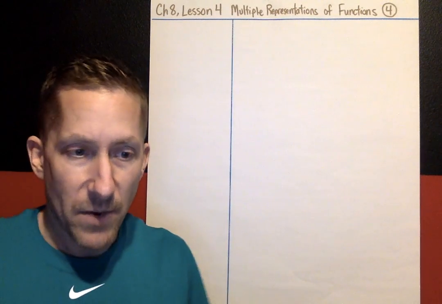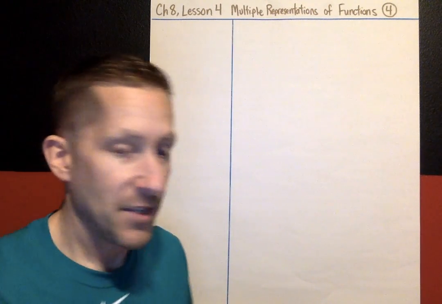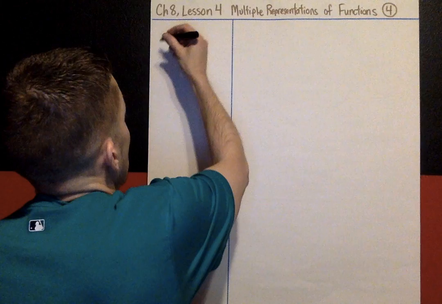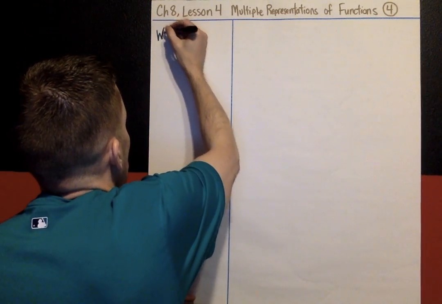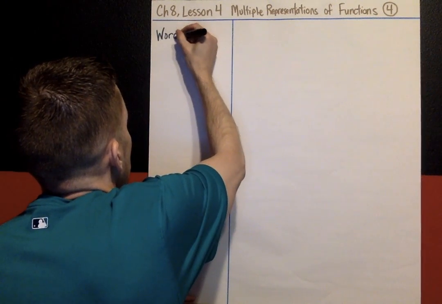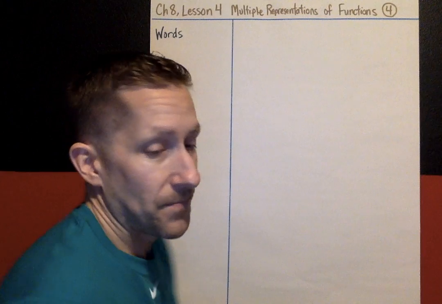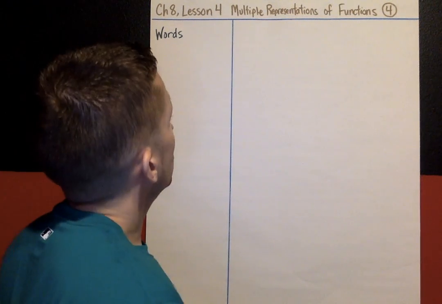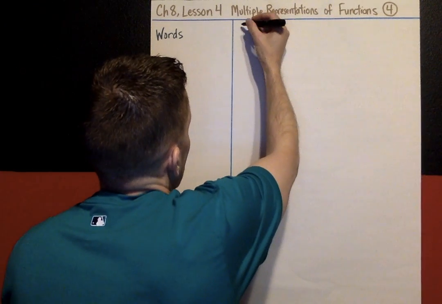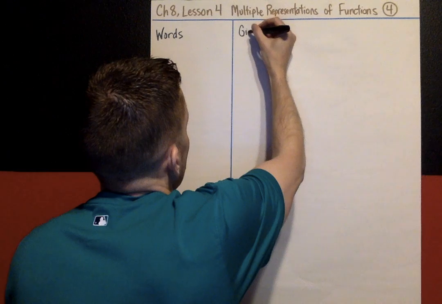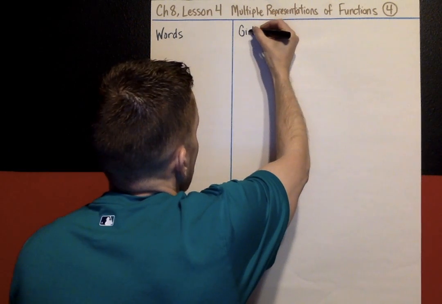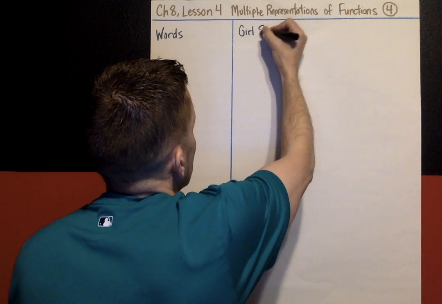So let's get started with the first representation, and that is a function can be a situation or story written in words. And the situation that I'm going to talk about, I've seen these around town a lot lately, Girl Scout cookies.